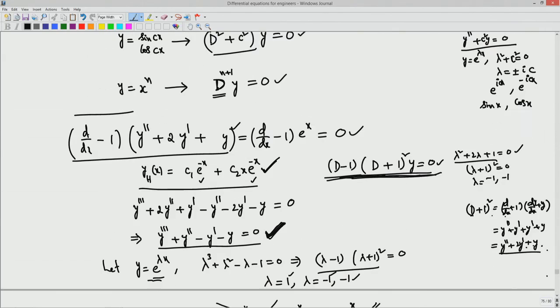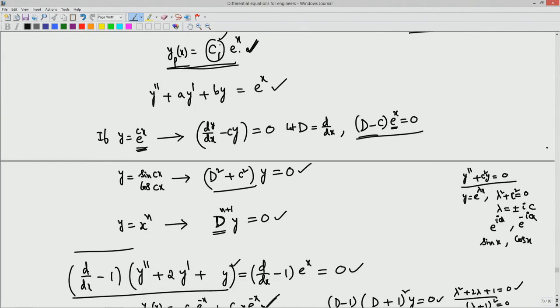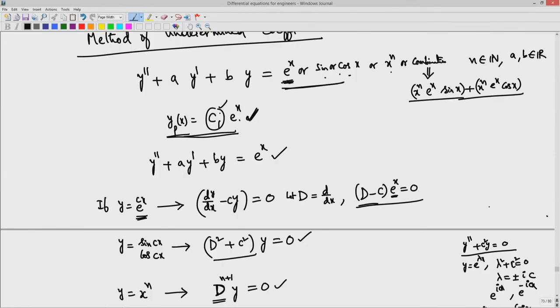So this is how you can do it. You can use this method of annihilation, annihilating the right hand side. If your equation has constant coefficients, after annihilation of these simple elementary functions, you will again have a higher order equation with constant coefficients, whose general solution you find.